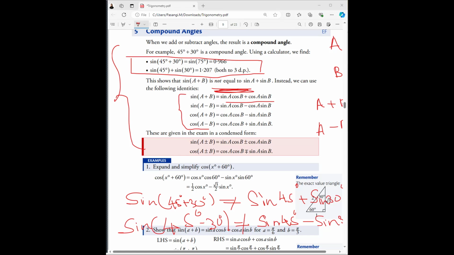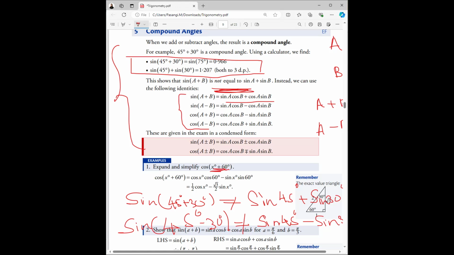Cos x, there is no substitution for cos x, but for cos 60 we have 1 over 2, half, minus sine x. You should put the degrees, okay? Here I'm not putting it, but you should keep it. All these angles have been measured in degrees because they have put the degree tag.